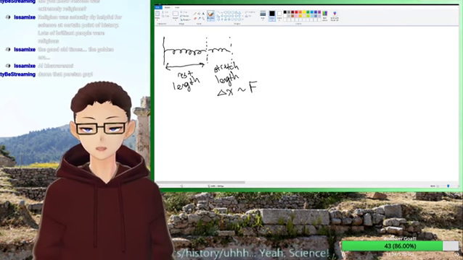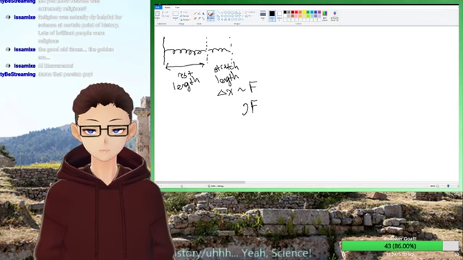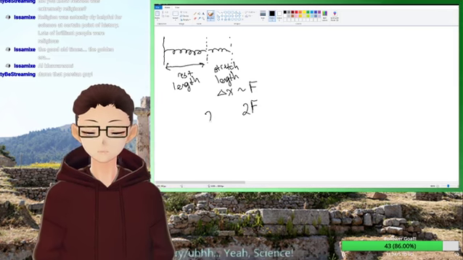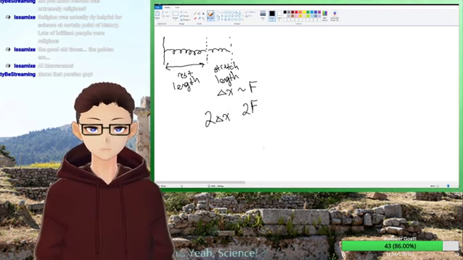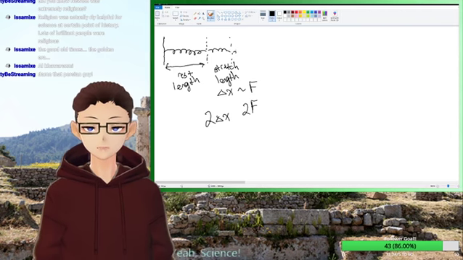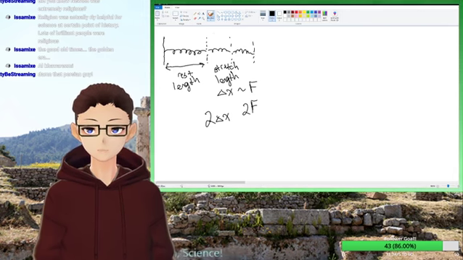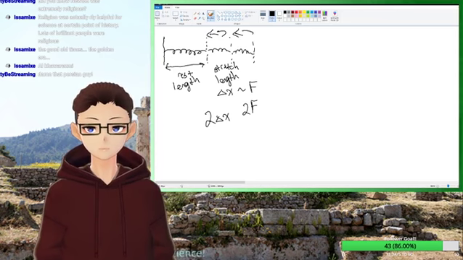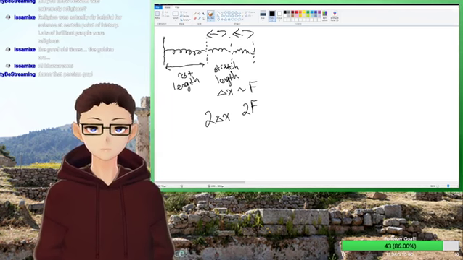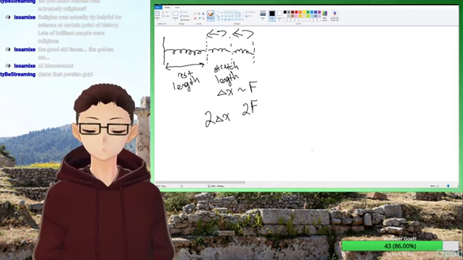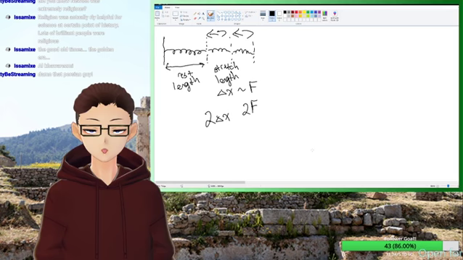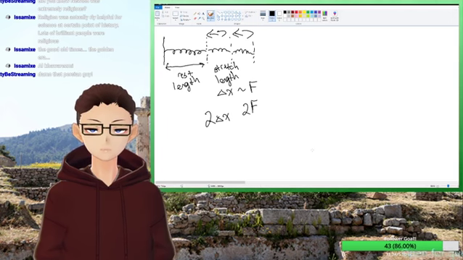So if you pull with twice the force, then you're going to see twice the stretching of the spring. Which is an incredible thing about springs, because it helps you measure relative forces.